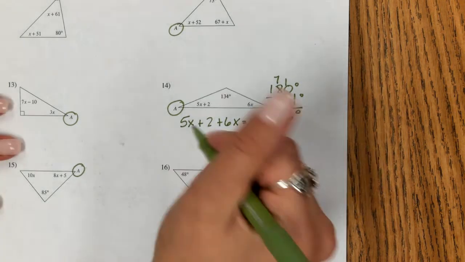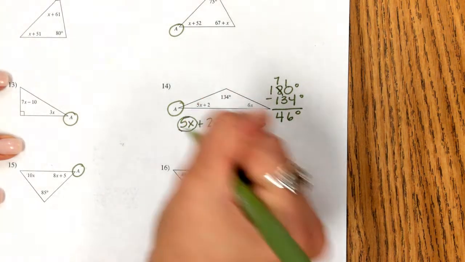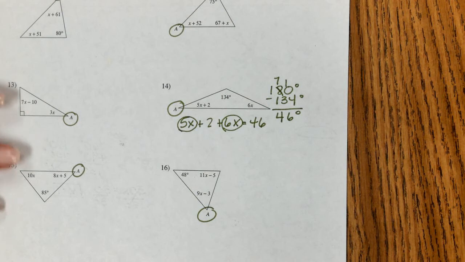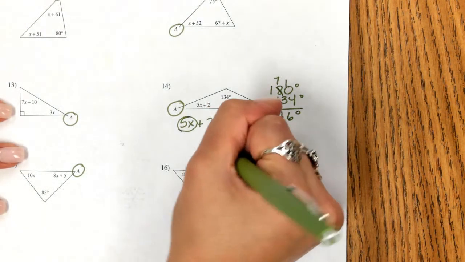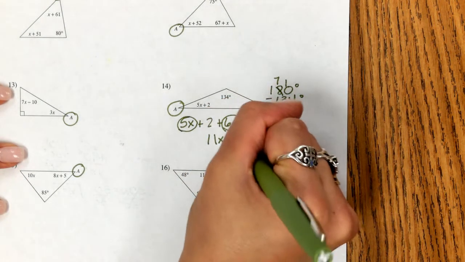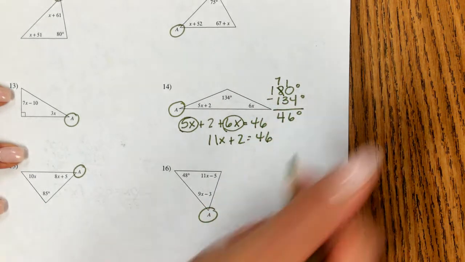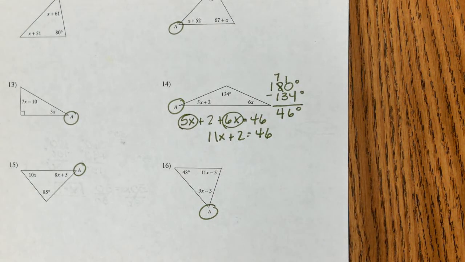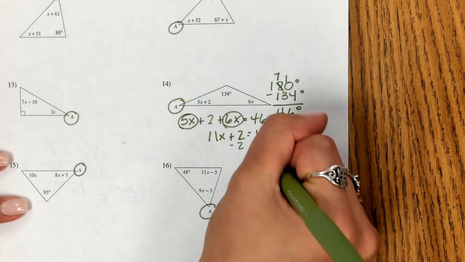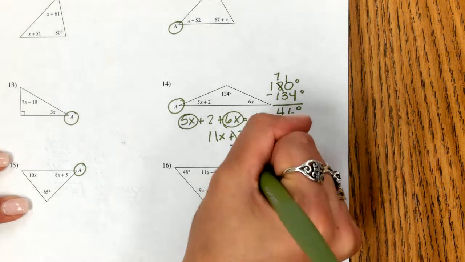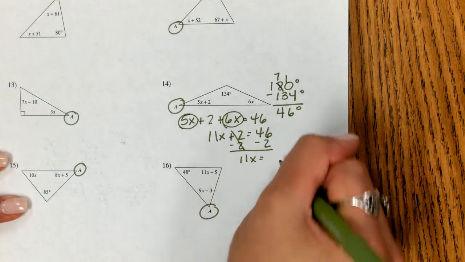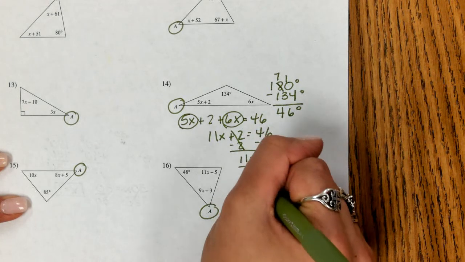All right, so I'm going to combine my like terms, which gives me what number? 11. Okay, and then I subtract minus 2. 11x equals 44.